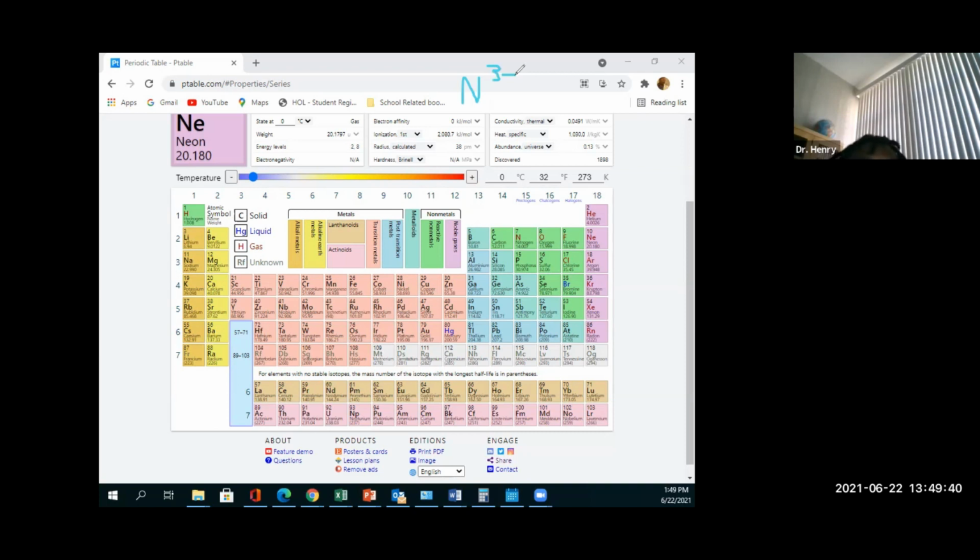Okay, oxygen. How far is oxygen away from being like neon? Okay, so how many electrons will it need to gain to be like neon? So it needs to gain those 2 electrons. Okay, simple. So these guys, N3 minus and O2 minus, are called monoatomic ions.